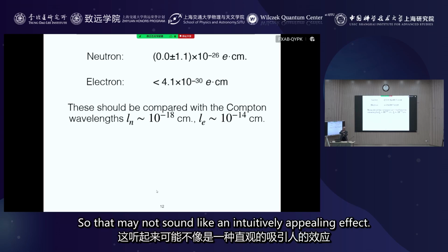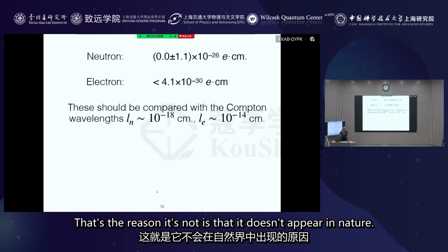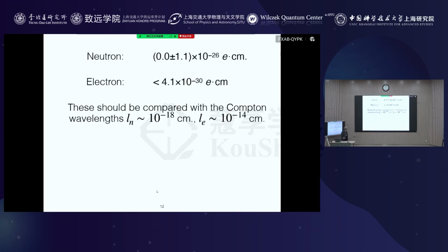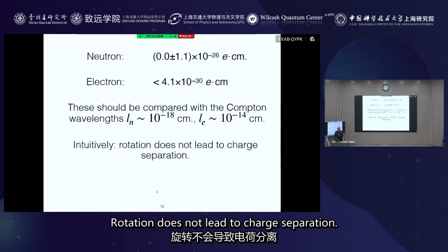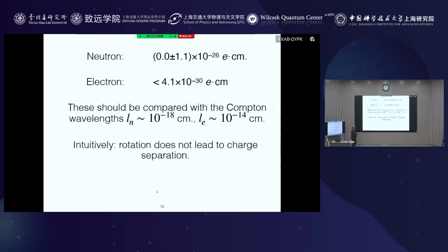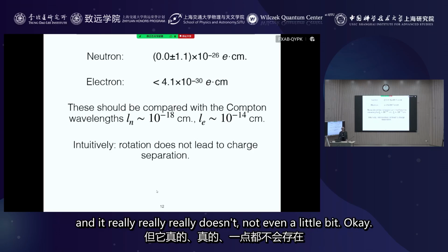That may not sound like an intuitively appealing effect, and the reason it's not is that it doesn't appear in nature. We don't see this in textbooks because it's just not observed. So rotation does not lead to charge separation. This is a nice intuitive way of putting these constraints, and it really doesn't. Not even a little bit.